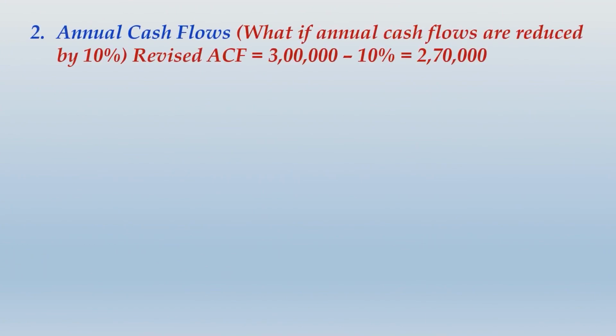The second part is annual cash flows. What if annual cash flows are reduced by 10%? So we have this risk of annual cash flows getting reduced by 10%. Revised annual cash flows will be 10% less than the current estimate of cash flows. So it will be 3 lakh minus 10%, that is 2,70,000.